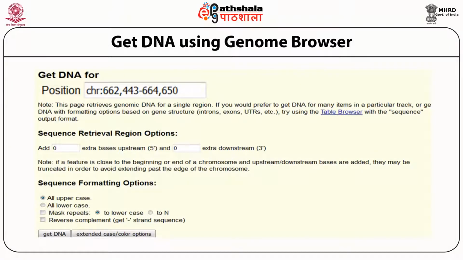In the ensuing window, enter the chromosome position from 662443 to 664650. Since the gene is encoded on the plus strand, do not check the checkbox for reverse complement. However, in cases where the gene is encoded on the reverse strand, check the box for reverse complement. Now click the Get DNA button.